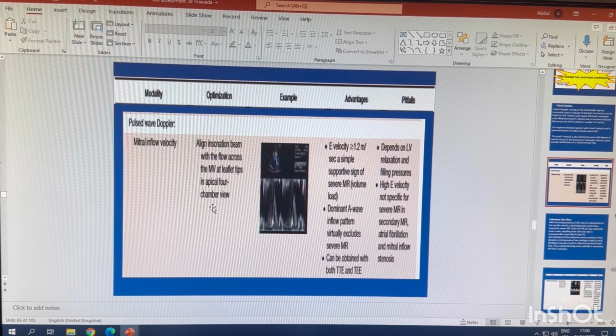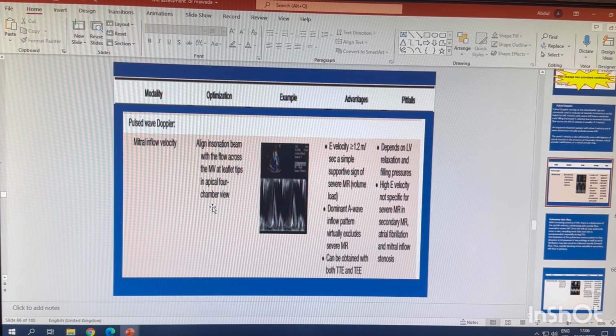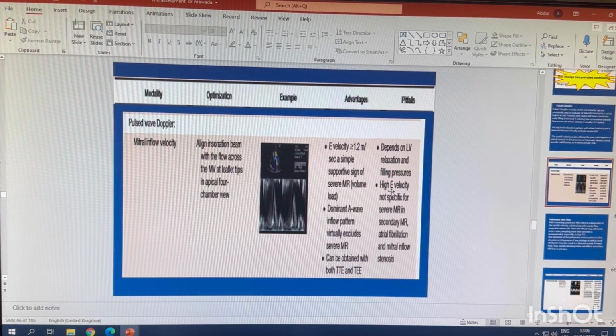Anyway, we are doing mitral inflow Doppler in almost every patient, so you need to keep an eye on it as well. It depends on LV relaxation and filling pressures. These are the important points which can affect E velocity.